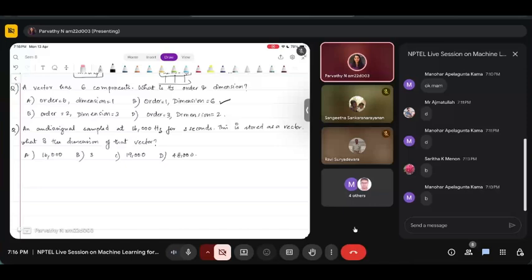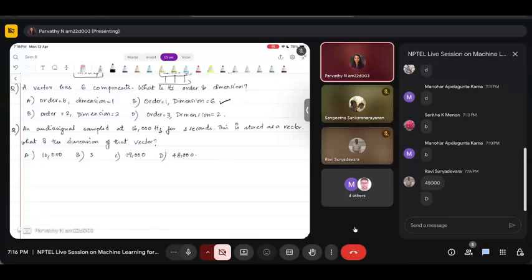So an audio signal is sampled at 16,000 hertz for 3 seconds. What is the dimension of that vector? Yeah.